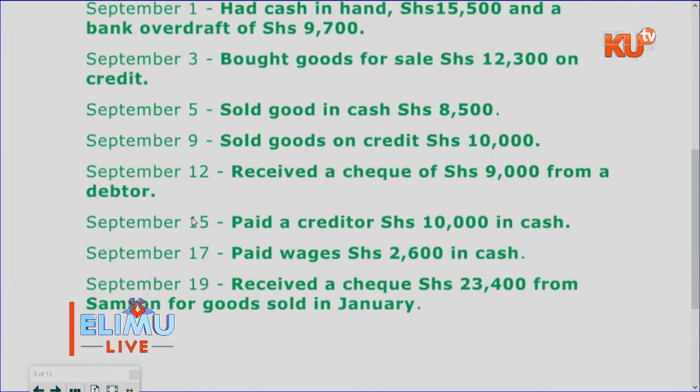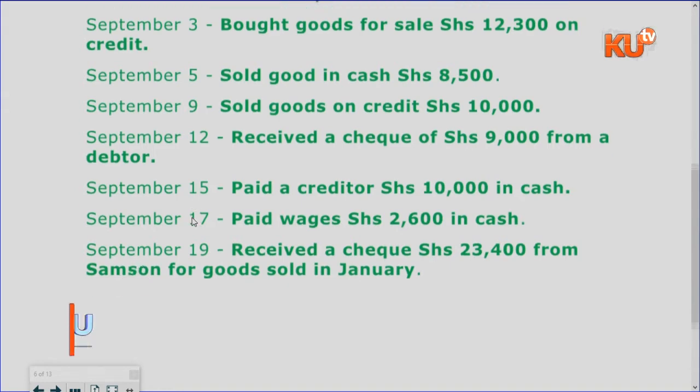September 19, received a check 23,400 from Samson for goods sold in January.